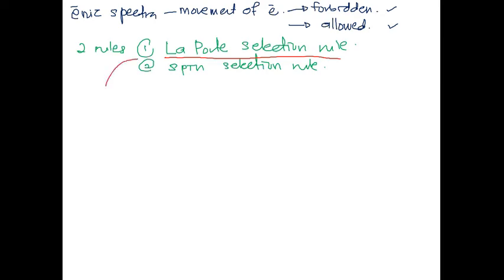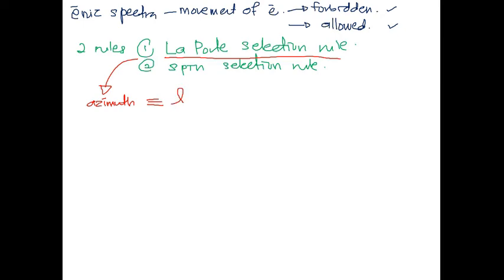So in the Laporte rule, kita tengok dia punya azimuthal number. So what is the azimuthal number? So flip back your inorganic lecture. So this we term as l. Ingat lagi tak? The l.